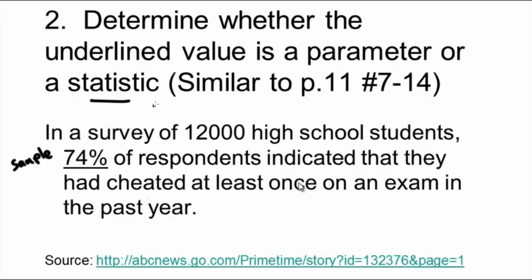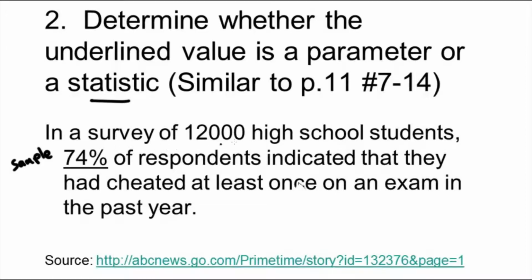Now let's see the second one. Determine whether the underlined value is a parameter or a statistic. In a survey of 12,000 high school students, 74% of respondents indicated that they had cheated at least once on an exam in the past year. So here we are only taking 12,000, not all high school students.